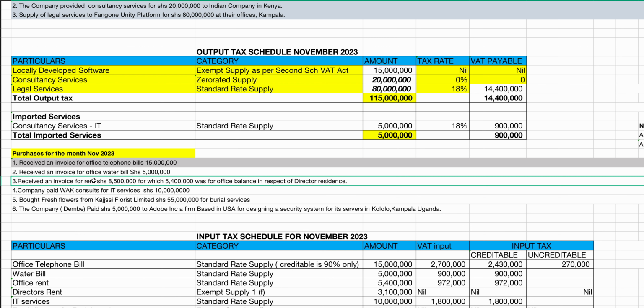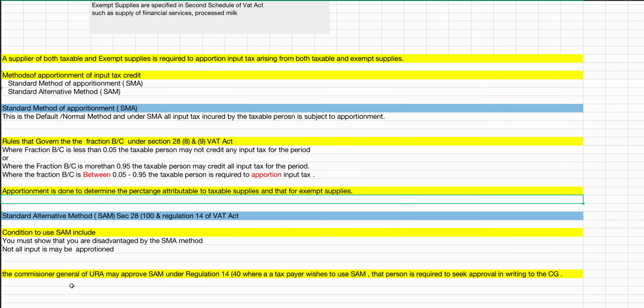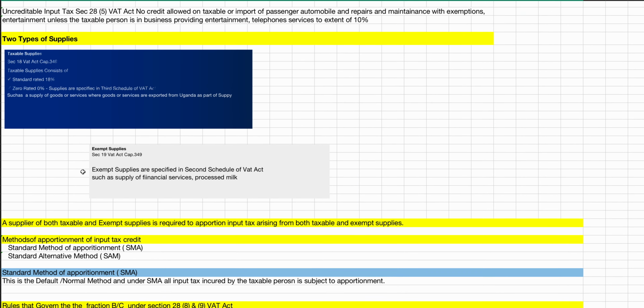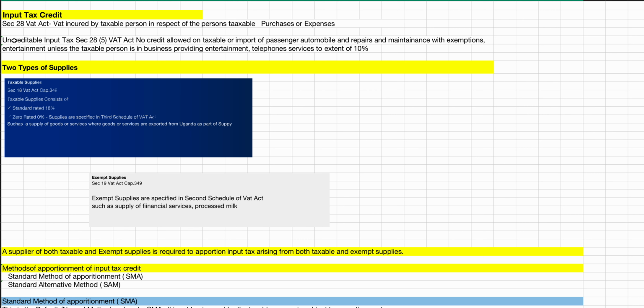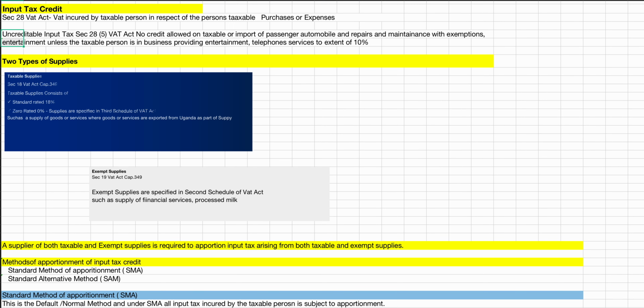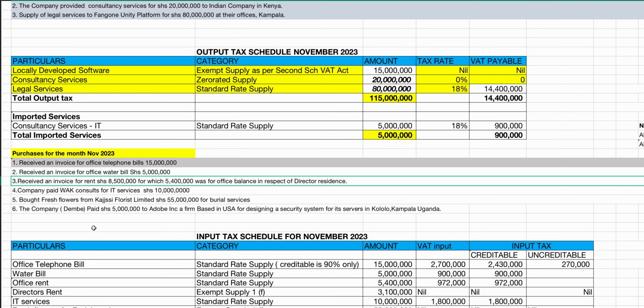Remember we talked of the uncreditable input, and we mentioned some of the things like telephone services to the extent of 10%. So you need to be well conversant with the tax laws, or you have to involve a tax consultant in most cases whereby you're not sure.